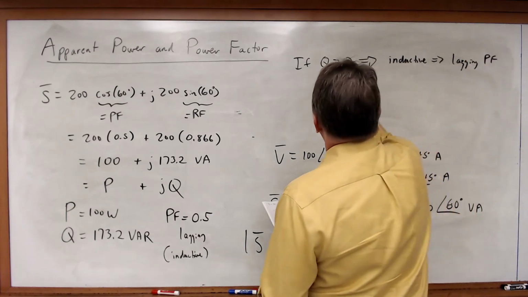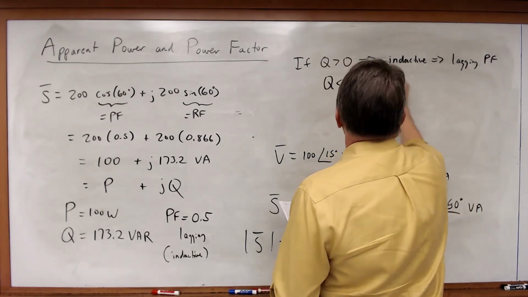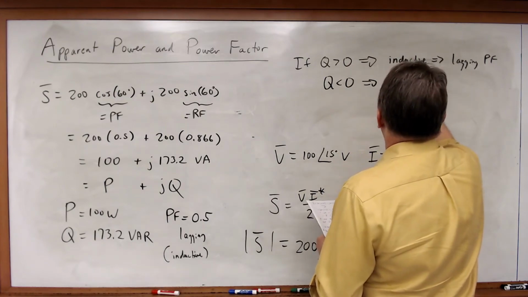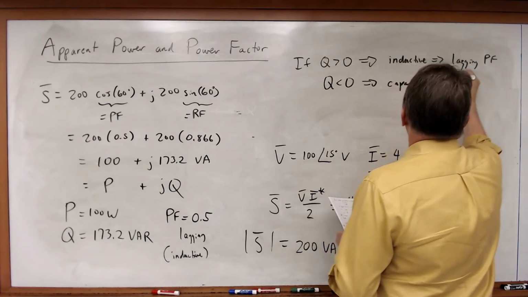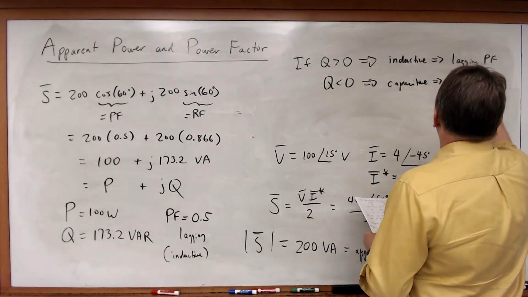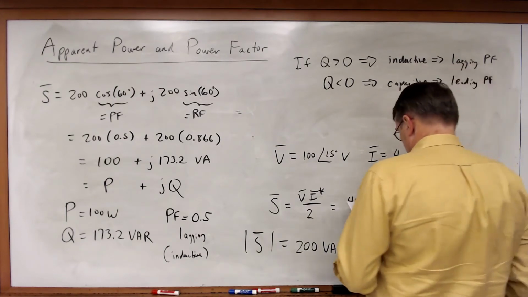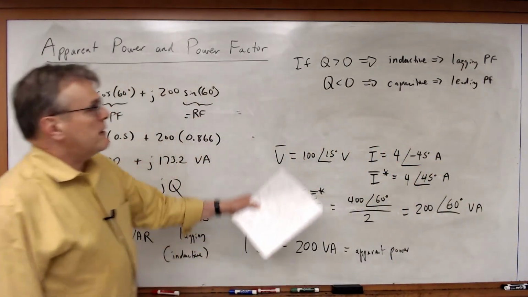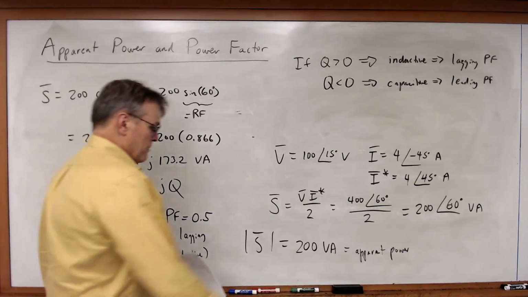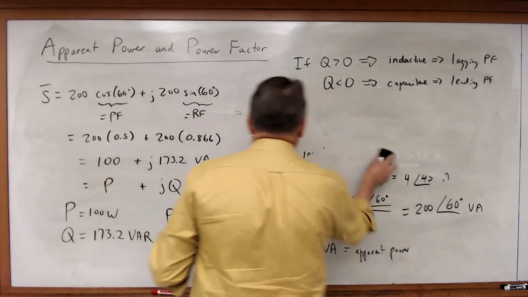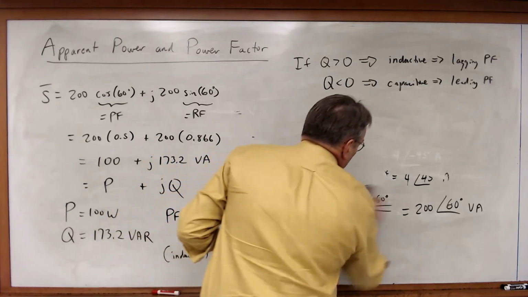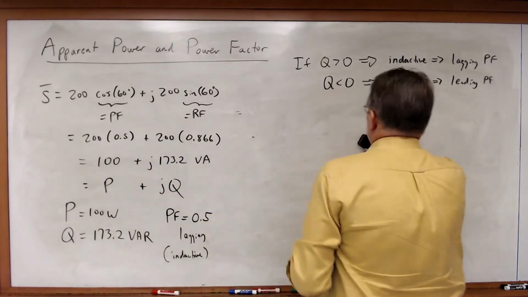If Q is less than 0, you're going to have a capacitive load, which will be a leading power factor. In fact, let's do an example with a leading power factor. Let's do another circuit. Let's see if these equations make sense the way we've defined them so far.